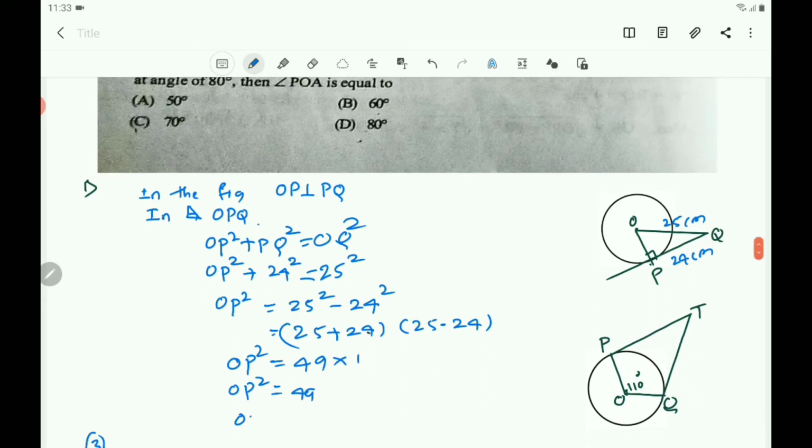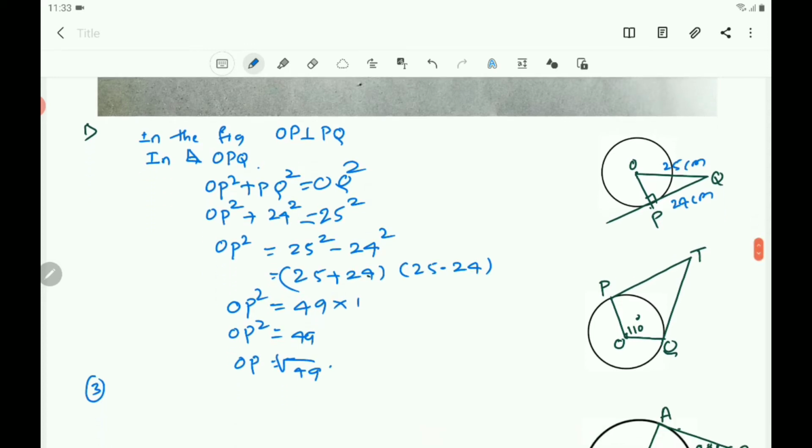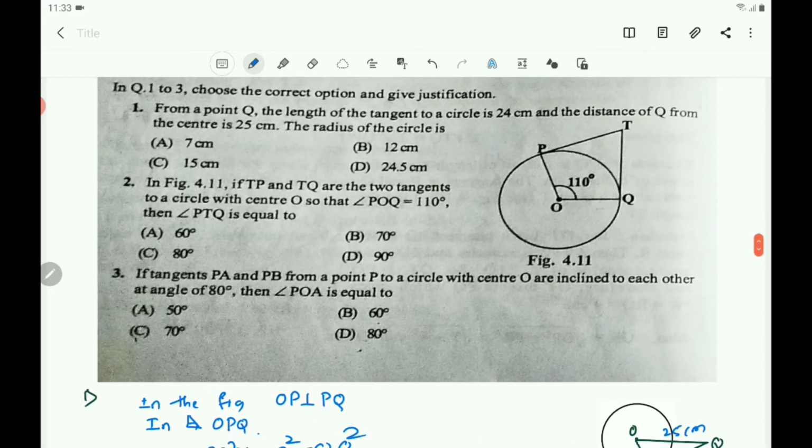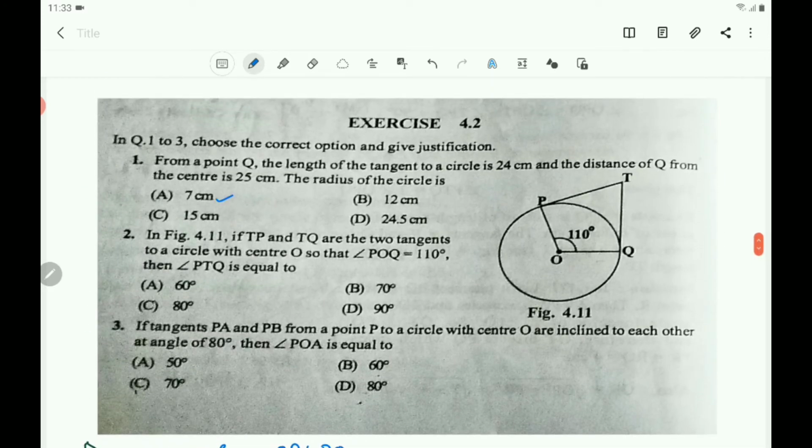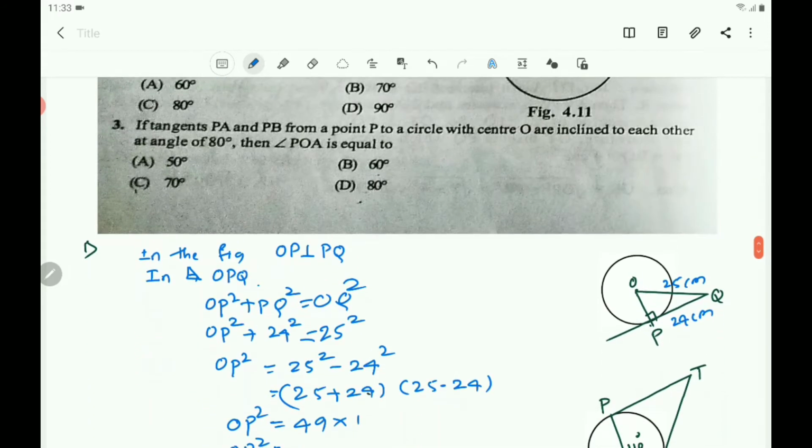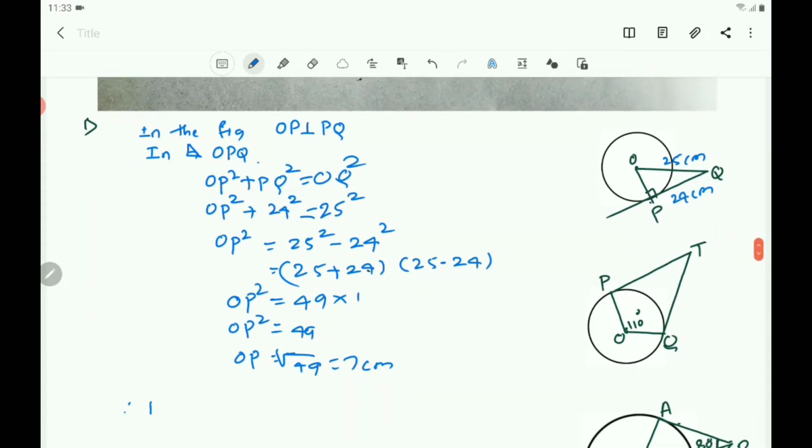Then OP equals root 49, that equals 7 centimeter. So what is the value of the radius? The radius is 7 centimeter. What is the answer here? The option A. Therefore the answer is option A, that is 7 centimeter.